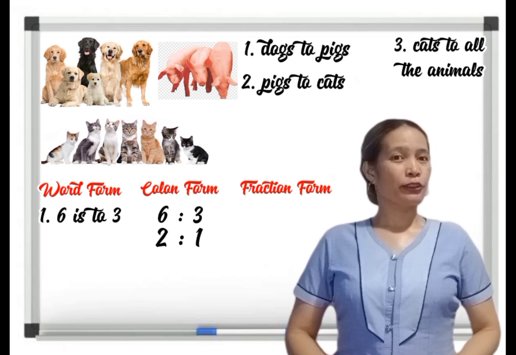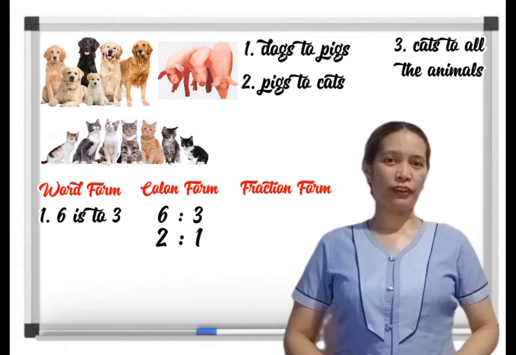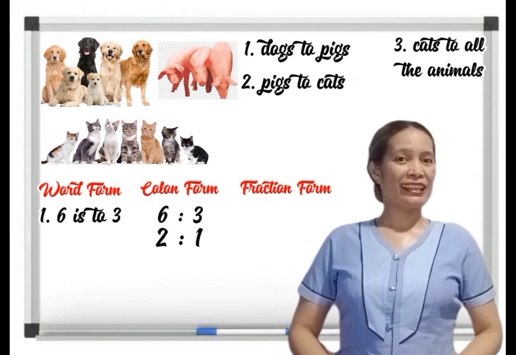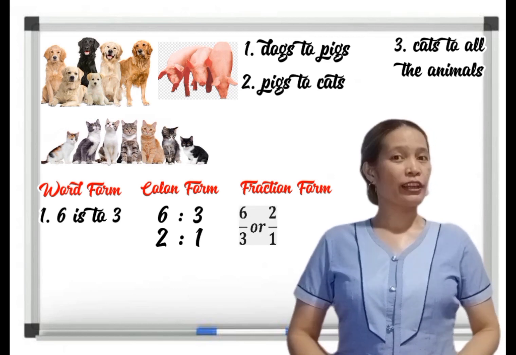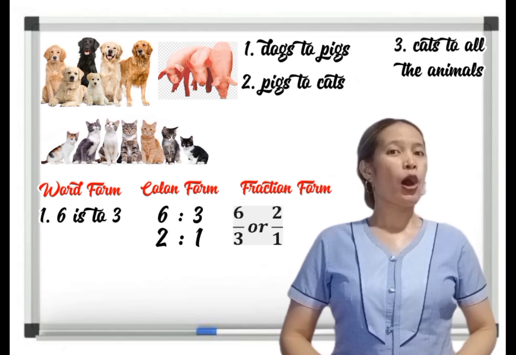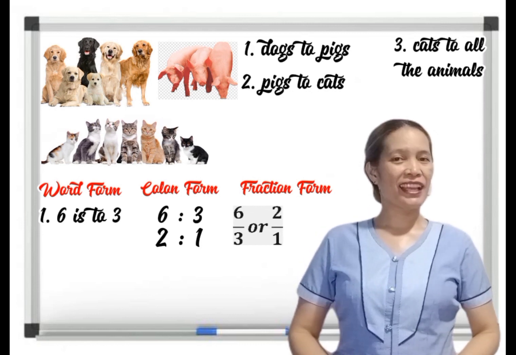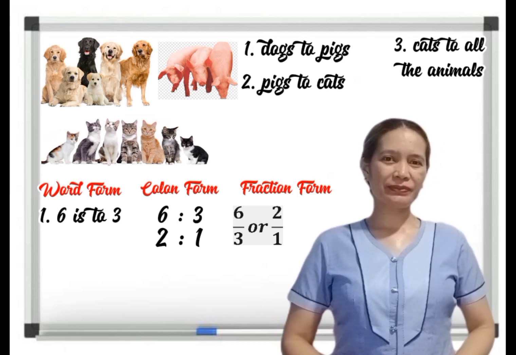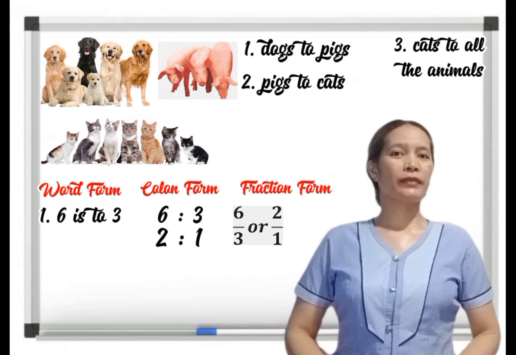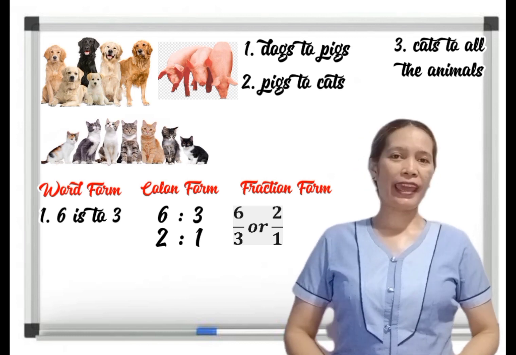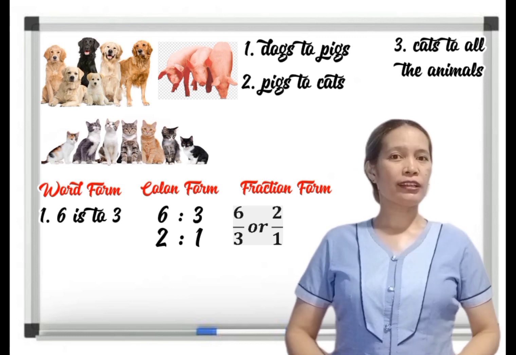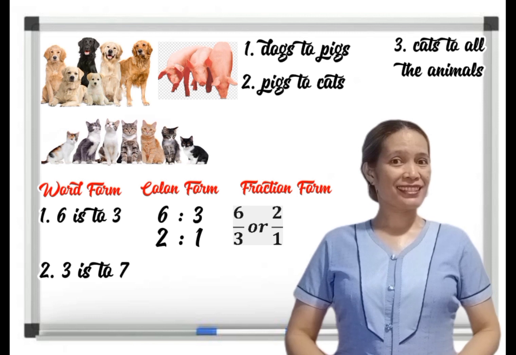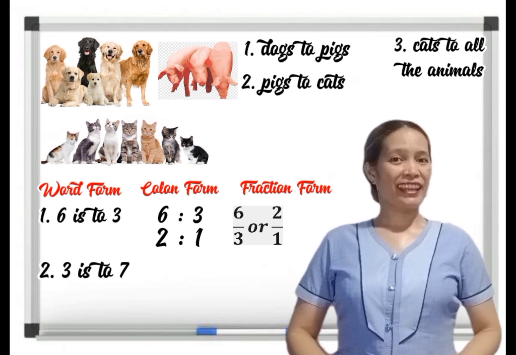Okay, how about fraction form? Using fraction form, that is 6/3 or 2/1. Okay, next, let's go to number 2. The ratio of pigs to cats. So, there are 3 pigs and 7 cats.